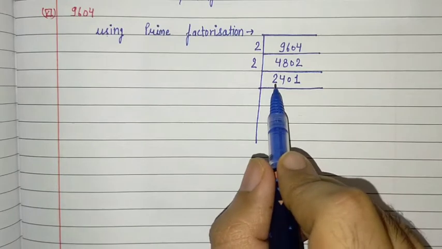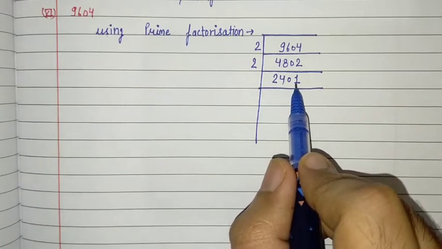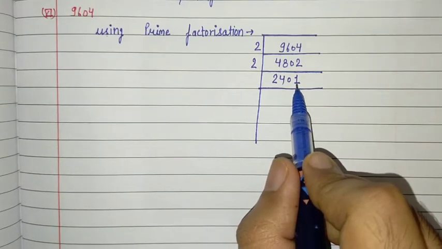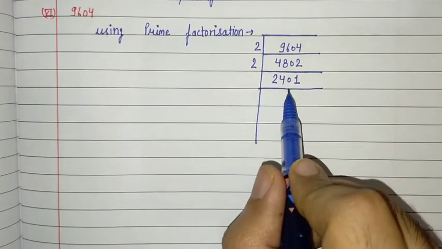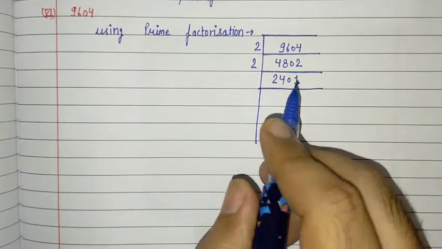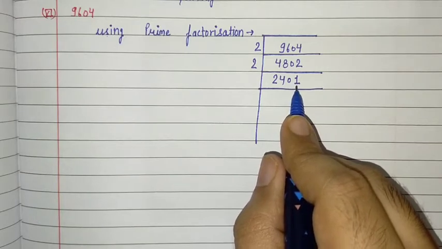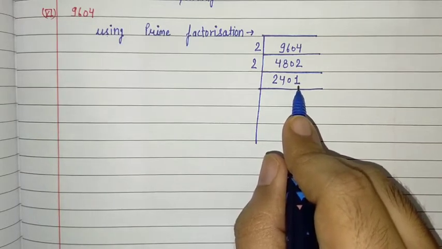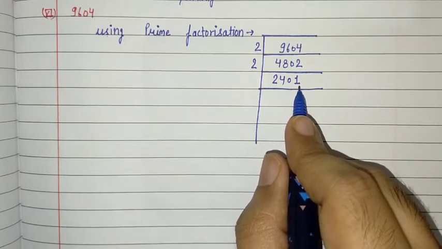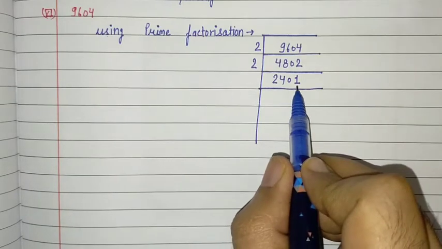The sum of the digits is 2, 4, 6, 7, so it is not divisible by 3. Check with 5: it is not divisible by 5 because the last digit is not 0 or 5. If the unit digit is 0 or 5 then it is divisible by 5, but here the unit digit is 1.